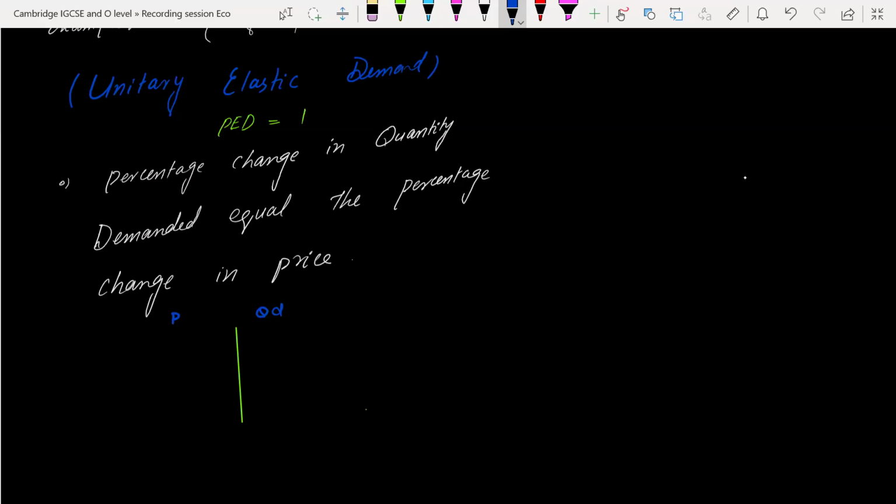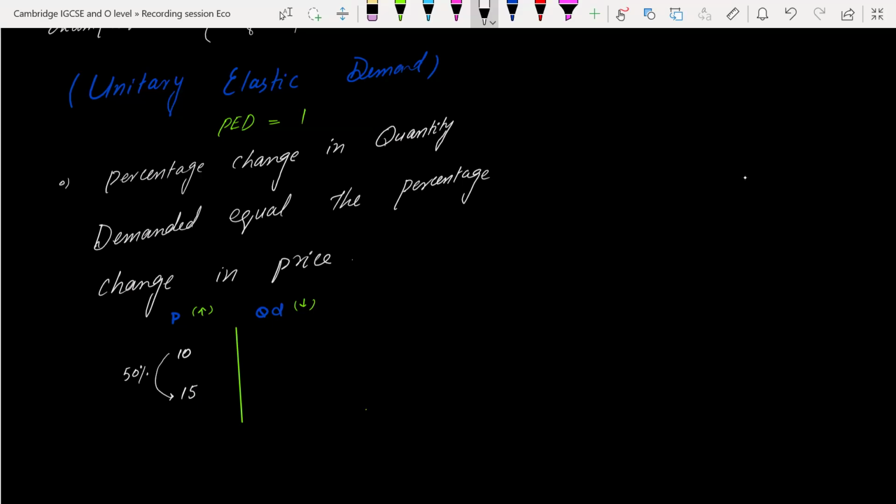For example, if the price will increase, let me take this arrow, quantity demand will fall. For example, the price increases from 10 to 15. So from this to this, it is increasing 50%.